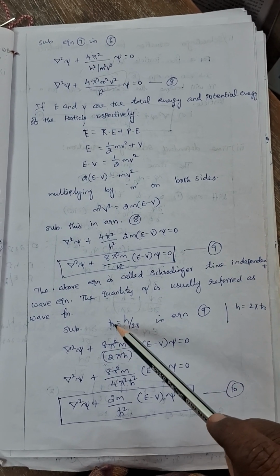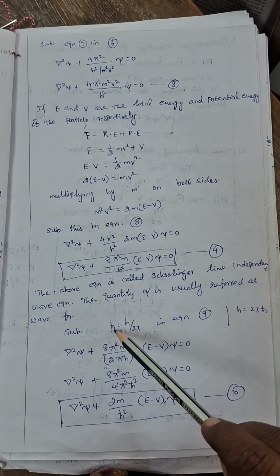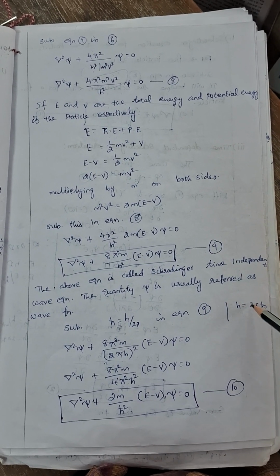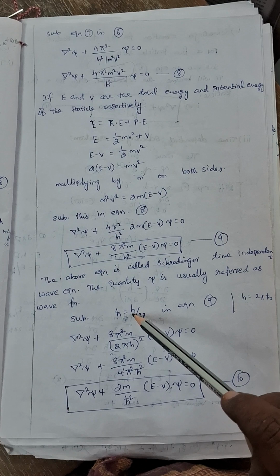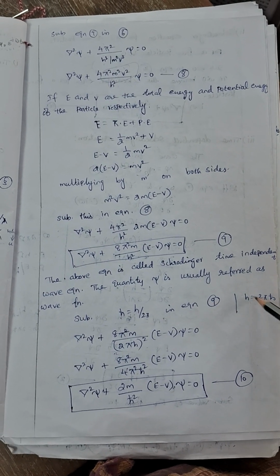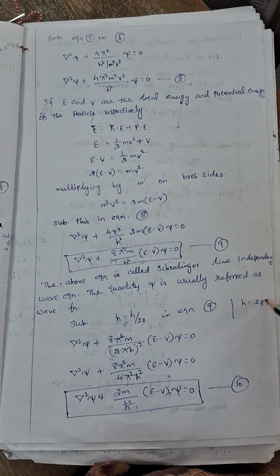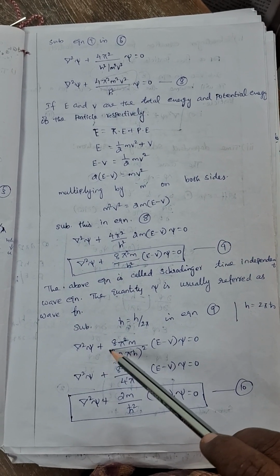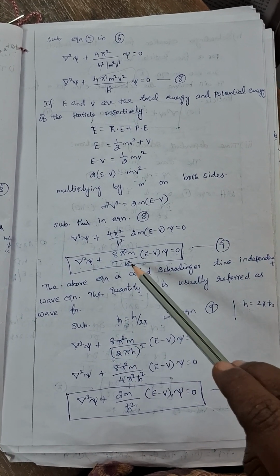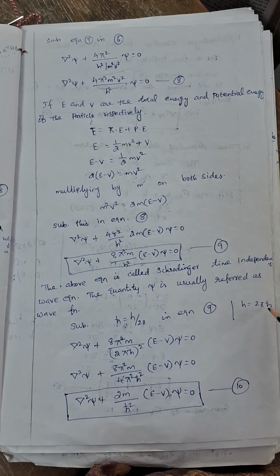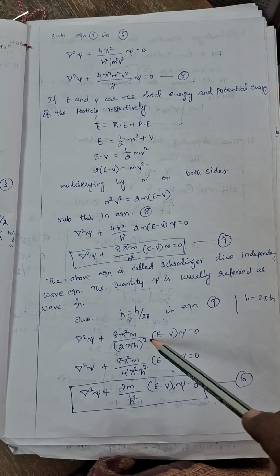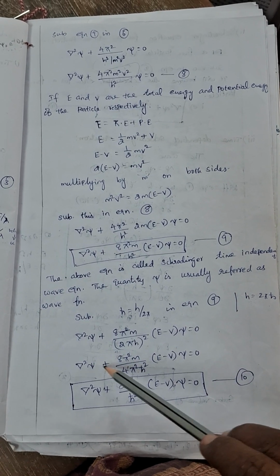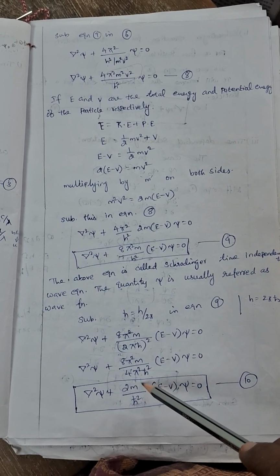So we know that ħ, h cross, is the modified Planck's constant, with value nearly equivalent to h/2π. So we rearrange this equation: h, the Planck's constant value, equals 2π times ħ. Substitute this value in equation number 9. ∇²ψ + 8π²m/(2πħ)² (E - V) ψ = 0.